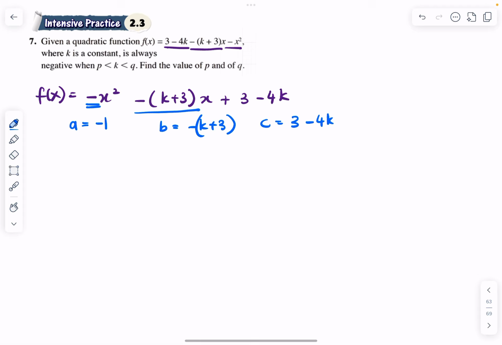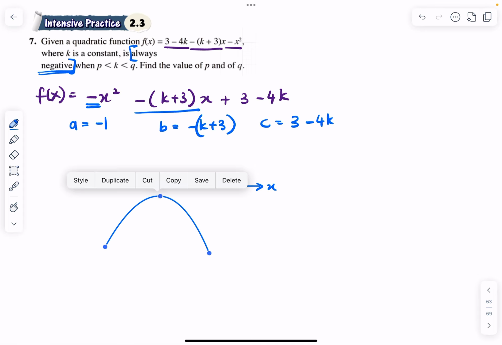Right. So they say this graph is always negative. So let's try to imagine what this graph will look like first. Since the a is negative 1, our graph is going to be a sad face. And they say the graph is always negative means the graph has to be under the x-axis.